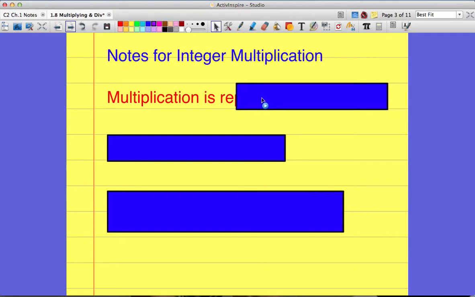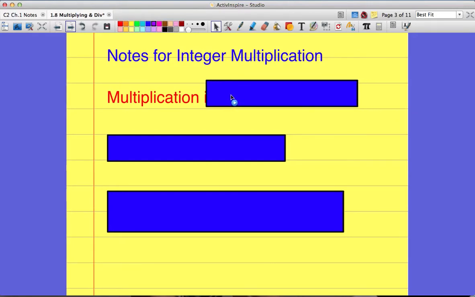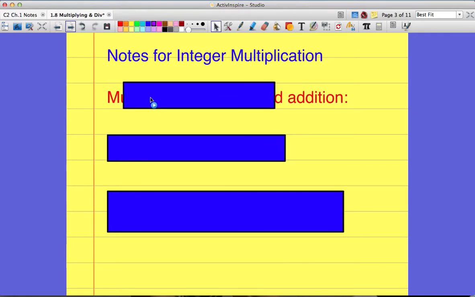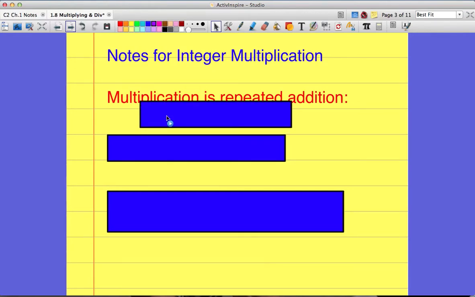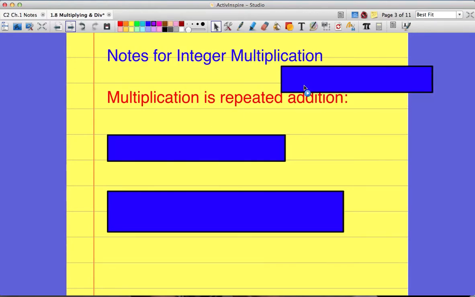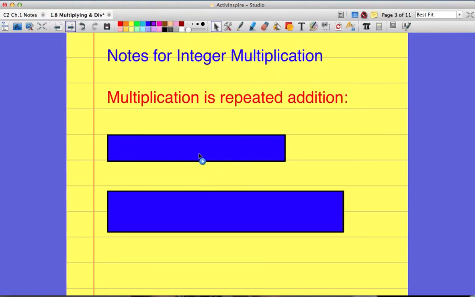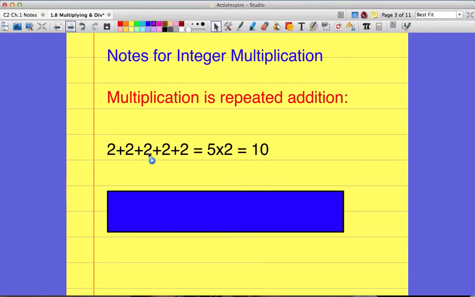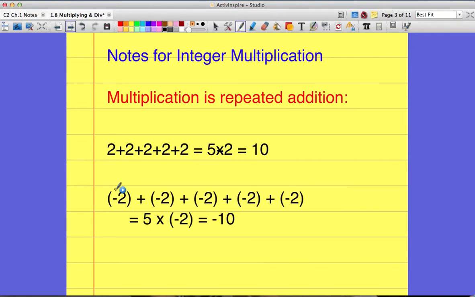Alright, so notes for integer multiplication. You have to remember that multiplication is repeated addition. So if I have 2 plus 2 plus 2 plus 2 plus 2, I change that to 5 times 2, and I know that that gives me 10. It's the same thing with negatives.